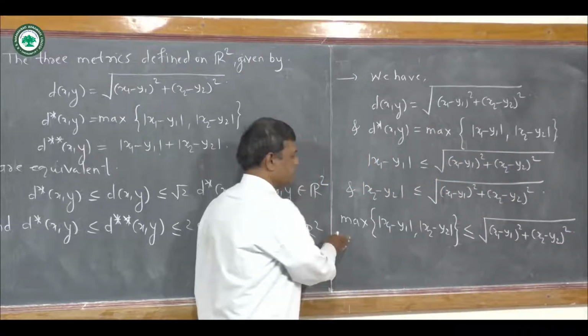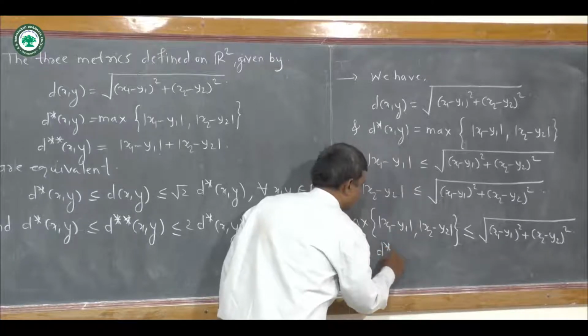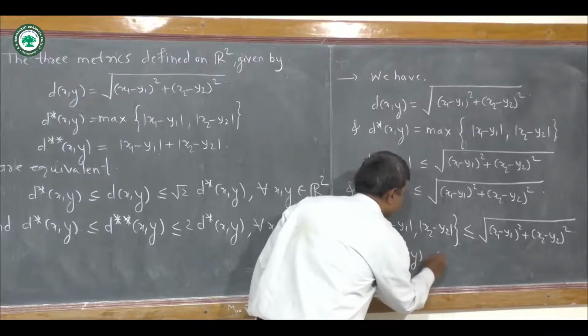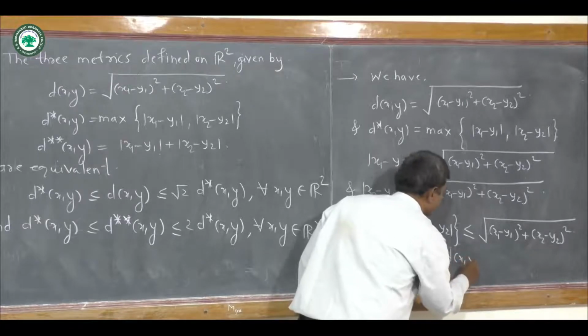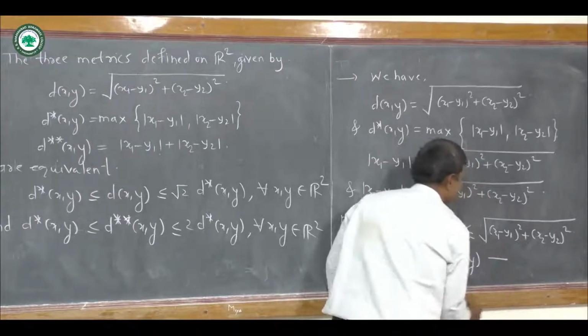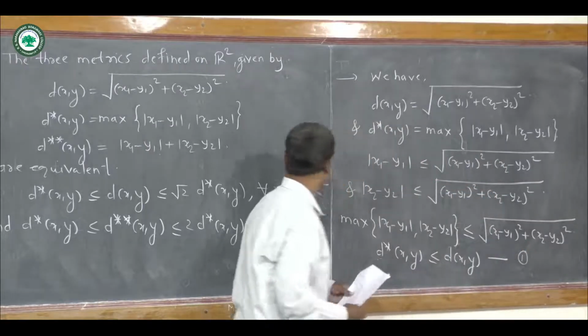But by definition, this is nothing but d star of x comma y, and this is nothing but d of x comma y. So this is 1 here.